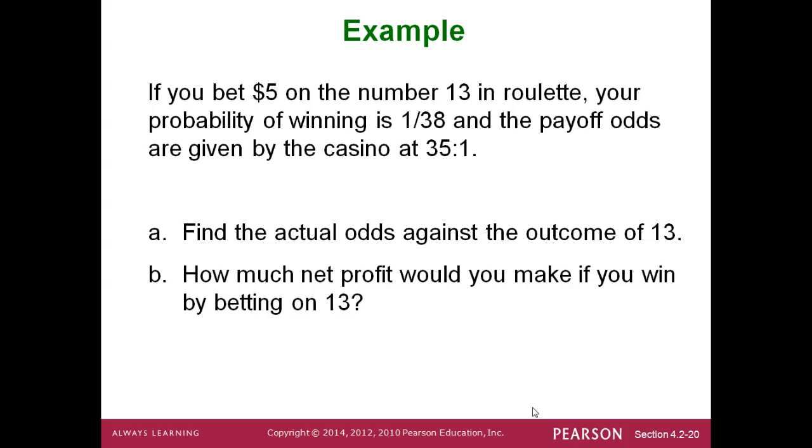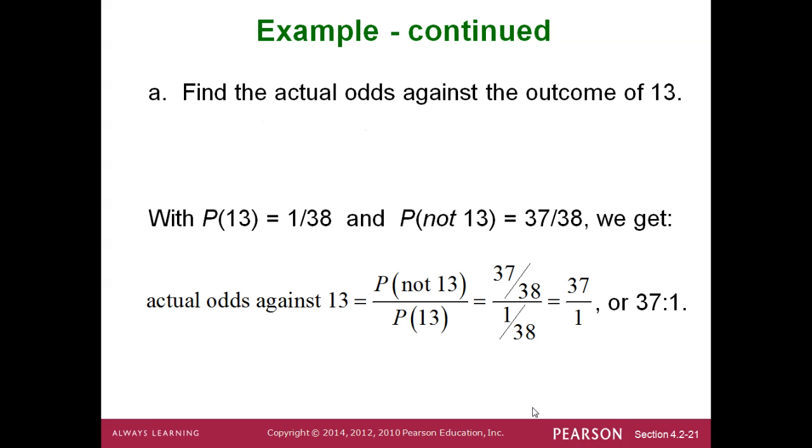How much would the net profit be if you win by betting on 13? We bet $5. We won. So this is how we do that. 37 out of 38 probability, the odds against that would be 37 to 1. That's what we were given.